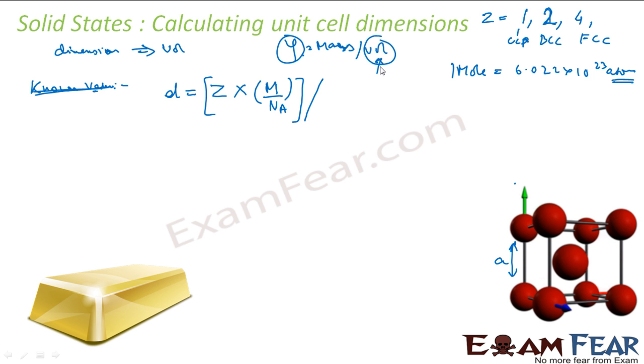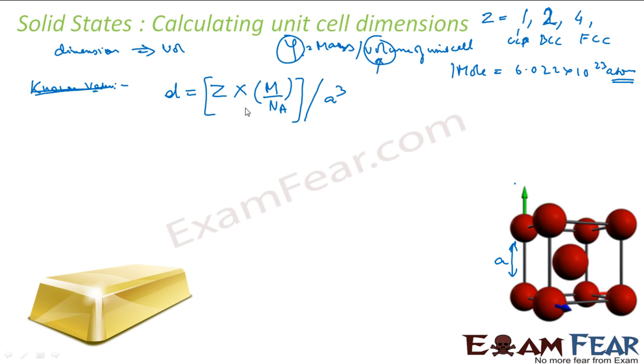Now divided by volume. What is my volume of the unit cell? Correct? So what is the volume of the unit cell? It is nothing but A cube, if A is my edge. This is my formula. Density is equal to mass by volume.